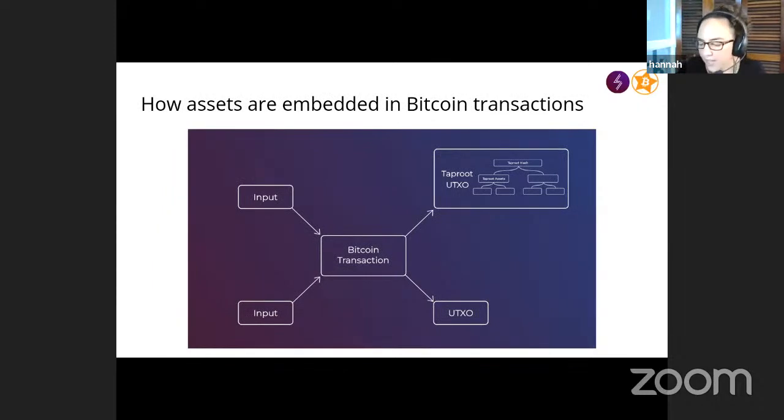All right. So let's talk briefly about what Taproot assets are. For anyone who's not familiar, this is just very, very simple, high level, and I'll direct you to all sorts of resources where you can really do a deep dive into this tech. But the idea is that we're going to take some data about these Taproot assets.